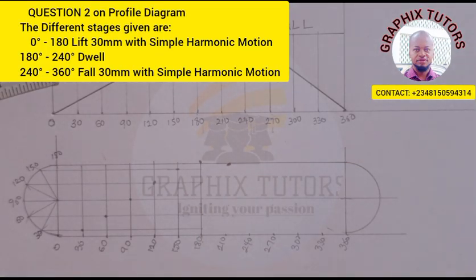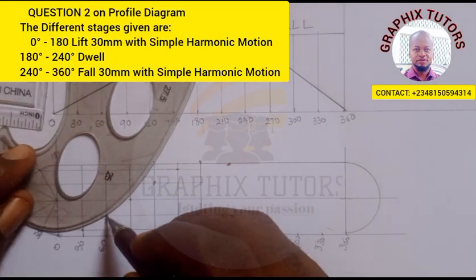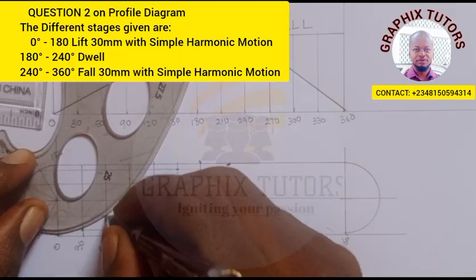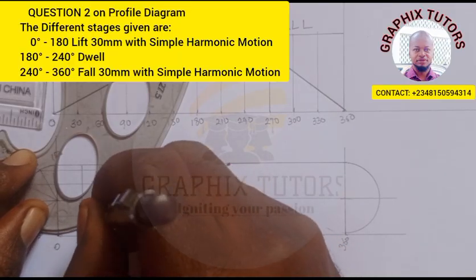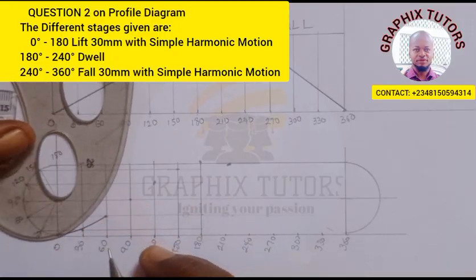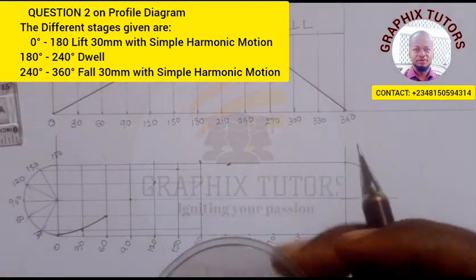So I'm going to use my French curve, and I'm going to connect this curve. So you need to understand, in simple harmonic motion, it is always a curve. It's a sine curve. So this way, and this way too.